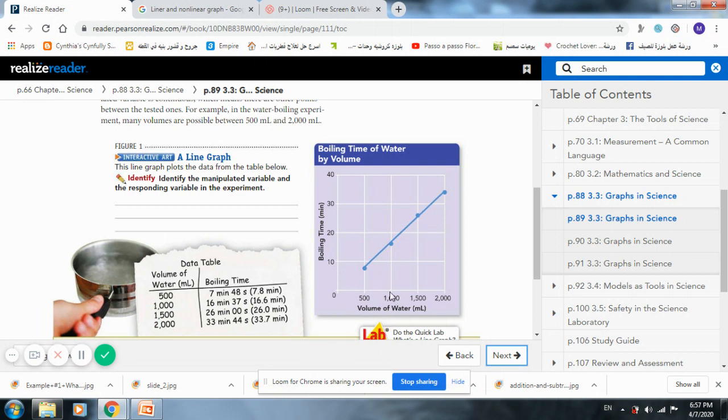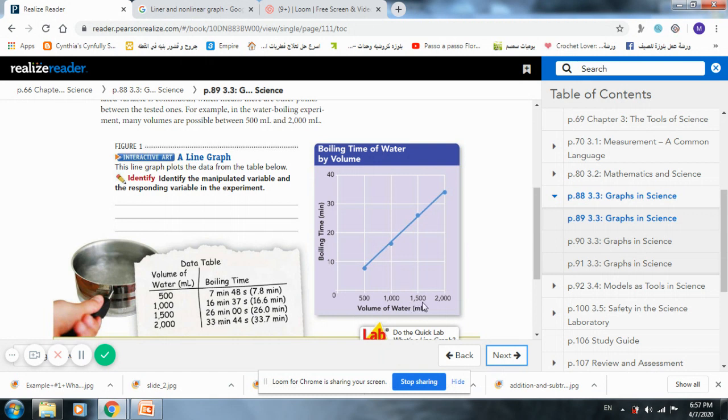Here, 1000 milliliters needs approximately 16 minutes to be boiled. That means you have to put the 1000 milliliters on fire for about 16 minutes to start boiling.